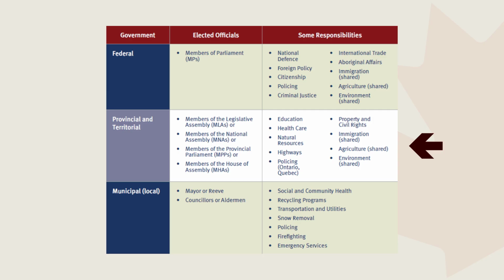And there are the shared responsibilities with the federal government in agriculture, environment, and immigration. Lastly, we have municipal and local governments, where a mayor or reeve is the leader and there are councillors. And we've already talked about some city responsibilities, but a few more are recycling programs, snow removal, and ambulances.